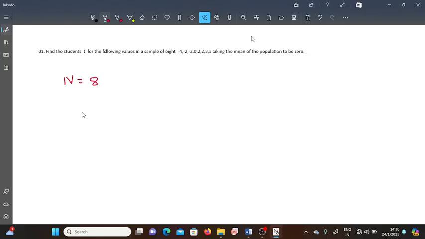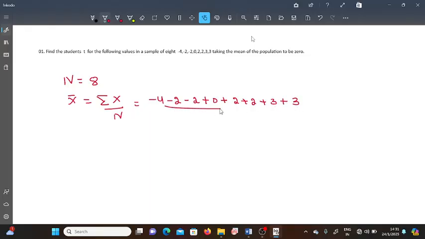In the given problem, the sample size is 8. To find the sample mean x bar, we consider the relation summation x by n. So that is -4, -2, -2, the sum of all observations, plus 0, plus 2, plus 2, plus 3, plus 3 by the total sample size, which is 8.